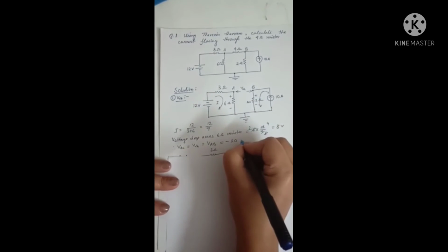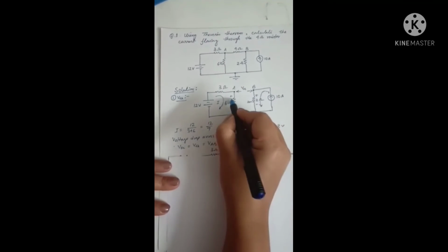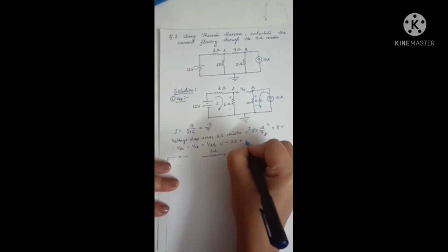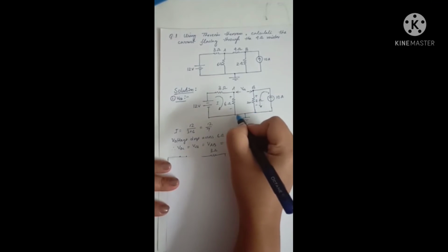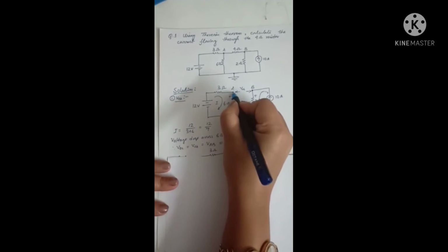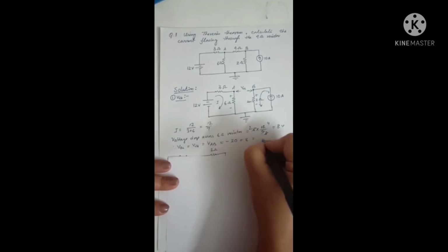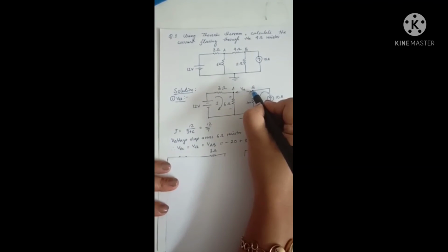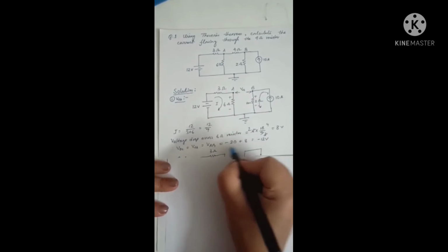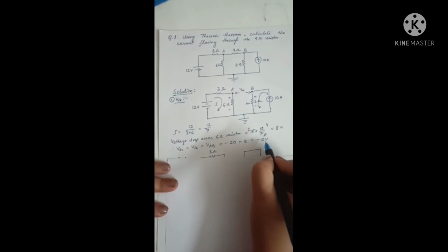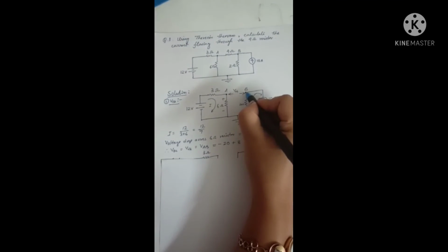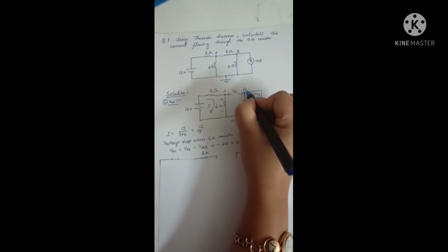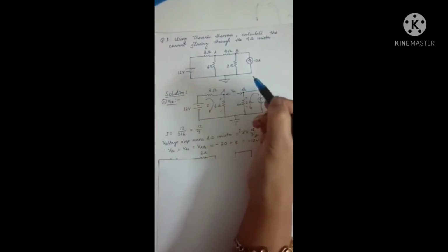So this will be rise in potential. So plus, what is the drop across this? Drop across this is 8 volt. So 8. Okay. So minus 20 volt plus 8 volt. So this is point A. So this is equal to minus 12 volt. So we have started from this point B and we have found that the VAB is coming minus 12 volt. It means that B is at higher potential. So this point will be plus and this point will be minus.